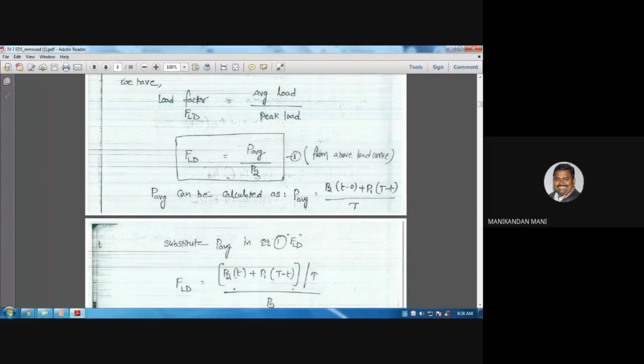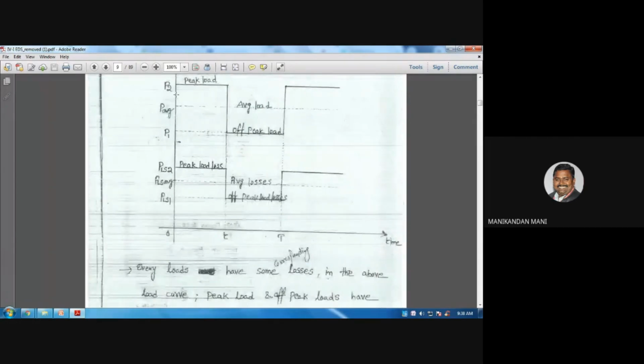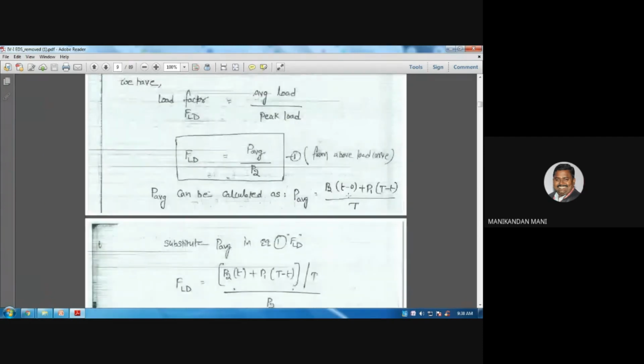How do we calculate the average load? I already said it is the peak load plus the off peak load. What is the peak load time interval? 0 to t. What is the off peak load time interval? Small t to capital T. So like that we need to calculate here.